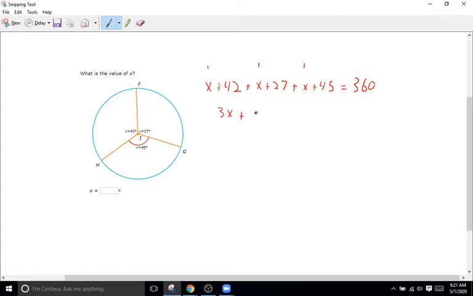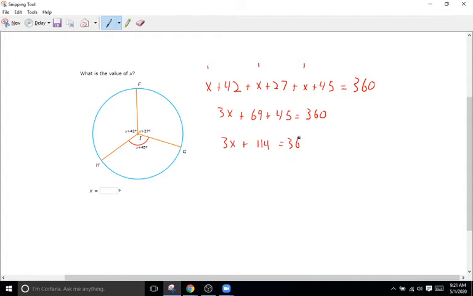That's going to be 69, plus our remaining 45 equals 360. 3x is by itself, so we'll just bring it down here. Plus, and then 69 plus 45 is going to be 114 equals 360.